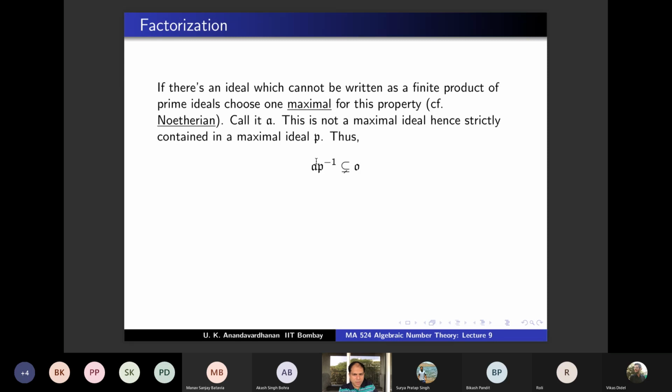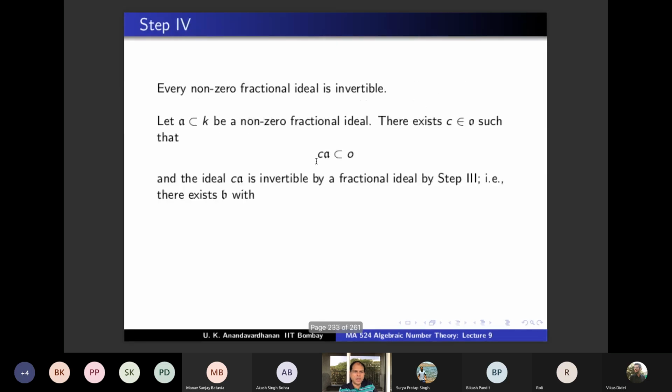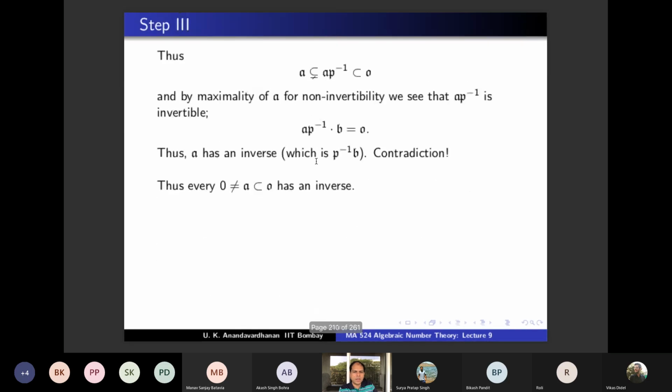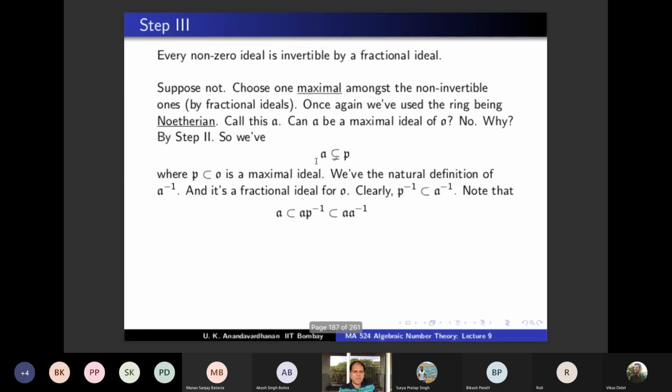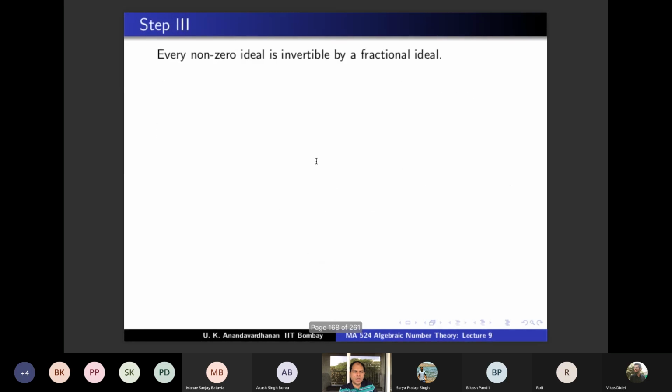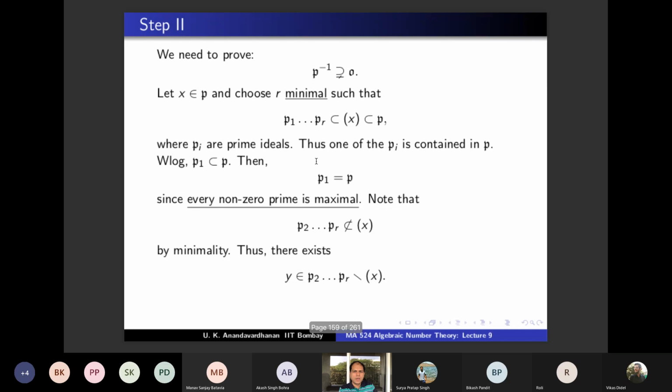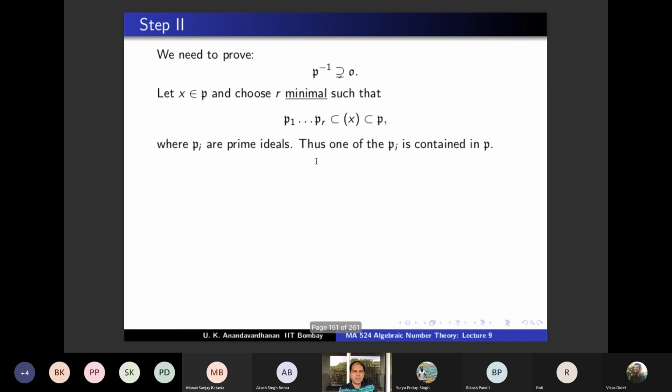We have time, so I'm getting a doubt about one of the earlier arguments. Let us just go back. Somewhere I used the same argument of dimension 1. Here the Pi are prime ideals. Therefore, one of the Pi is contained in P. That is using the fact that P is a prime ideal.